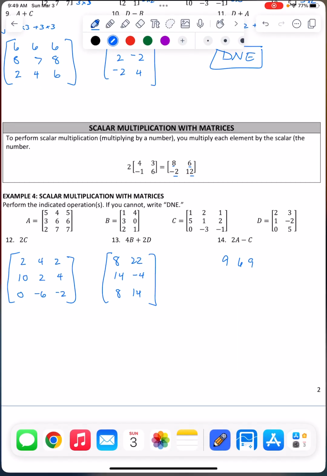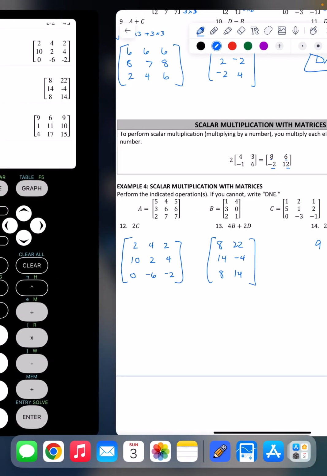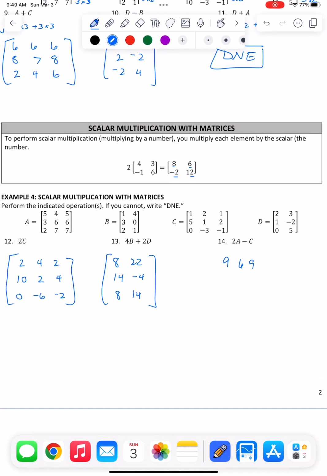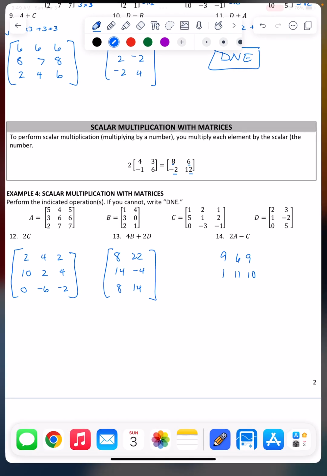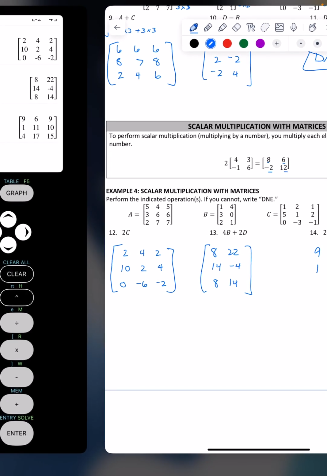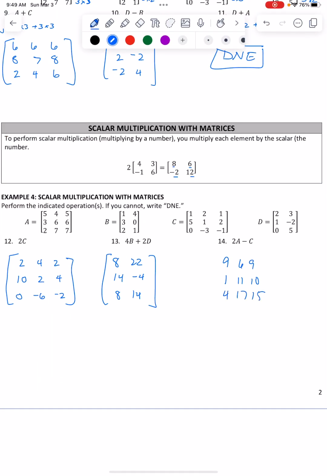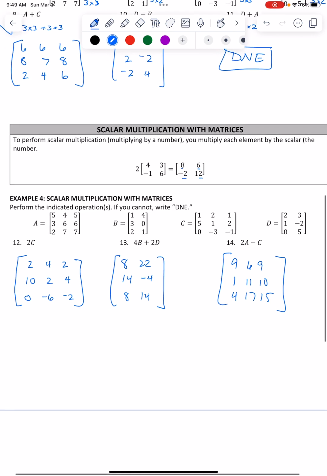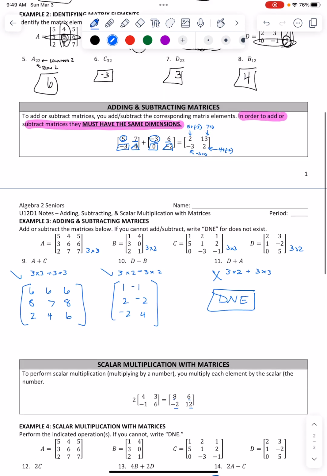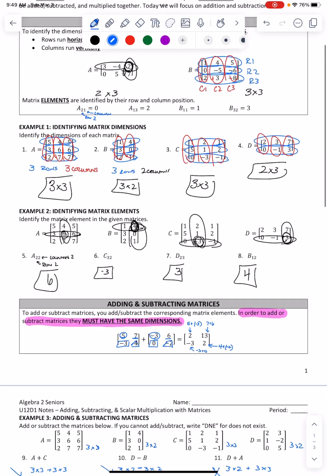And then we've got 1, 11, 10. And 4, 17, 15. That's the matrix there. So with this, all of this stuff can be done in the calculator.